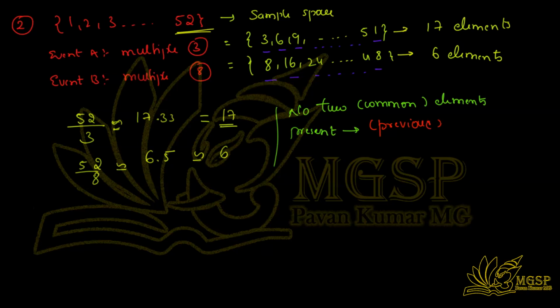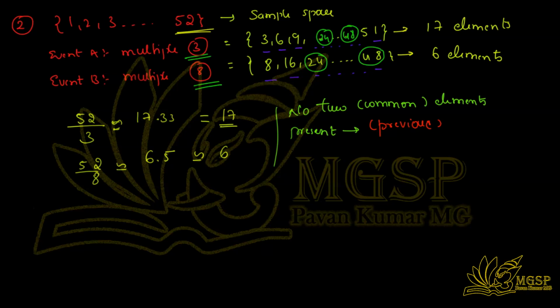But here there is a case where a term is common. Before 51 there is the 48 term. There is 48, and 3 eights are 24. So somewhere in between, here it has a 24. There are two common ways. Two elements of this event and this event are common.